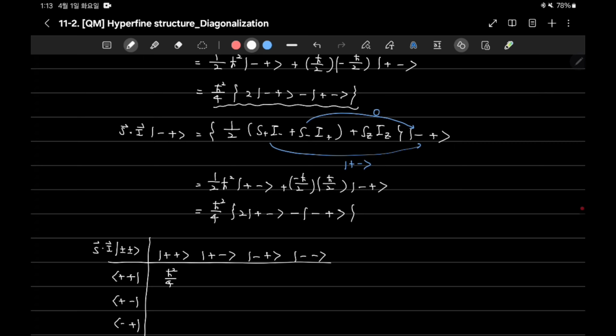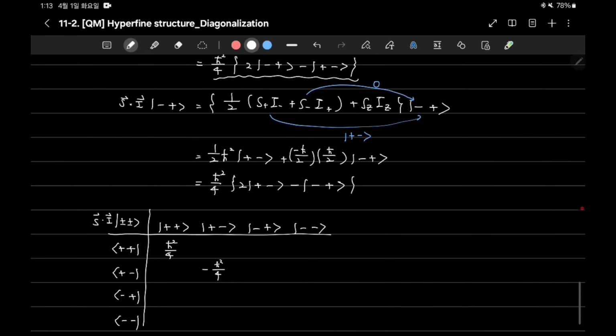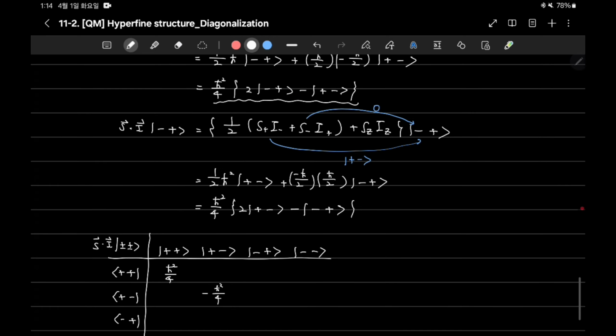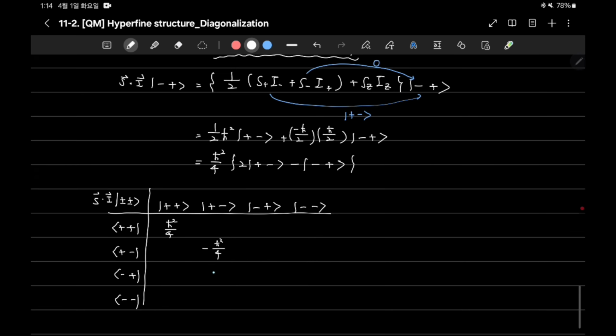diagonalized relation. It is 0 and only minus ħ² quarter, ħ² quarter, and also here the minus plus case: apply to the minus plus, it is half ħ², so it is half ħ².